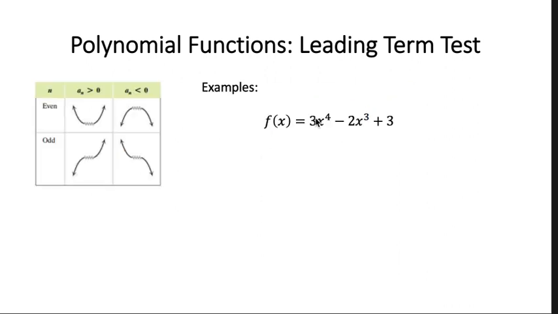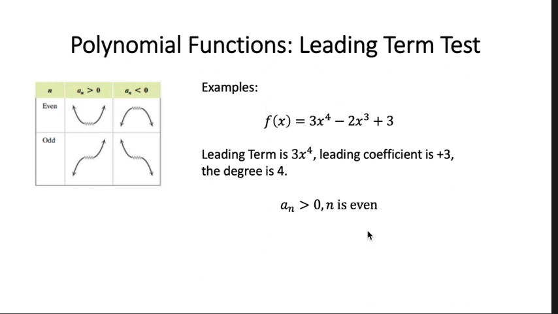So f of x is equal to 3x to the fourth minus 2x cubed plus 3. To figure out, using this leading term test, which of these terms is the leading term, and then figure out the leading coefficient and the degree. Well, the leading term is 3x to the fourth. The leading coefficient is positive 3.